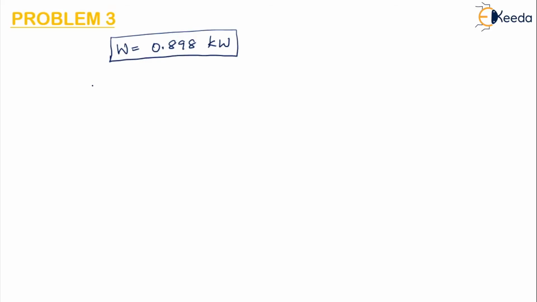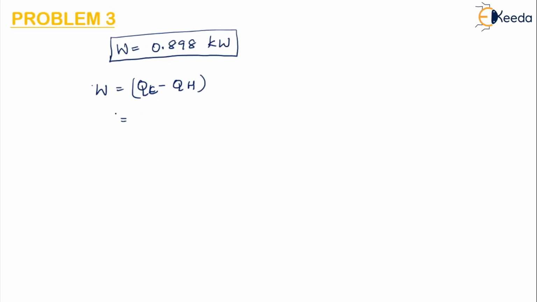Now they are asking us to calculate the heat which is transferred to the kitchen air. So we know W is equal to QH minus QL.